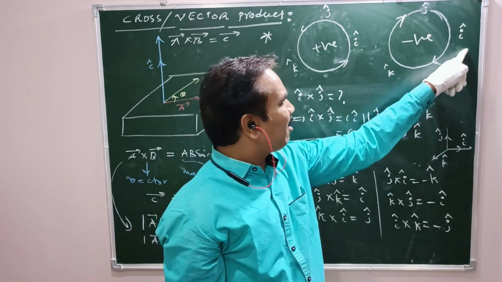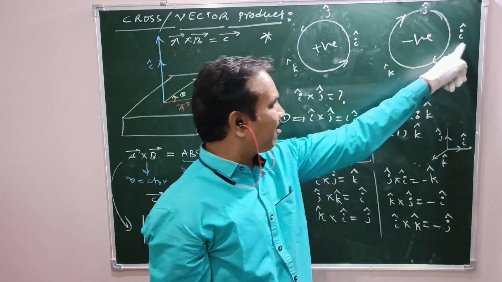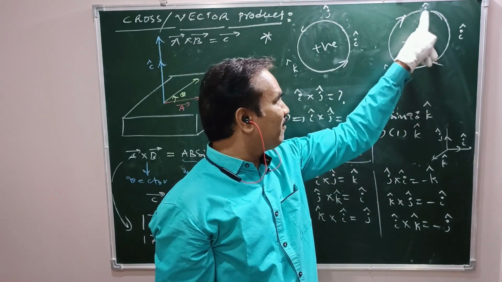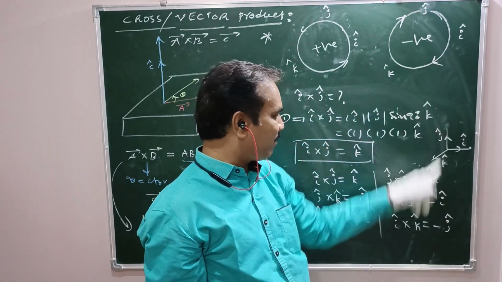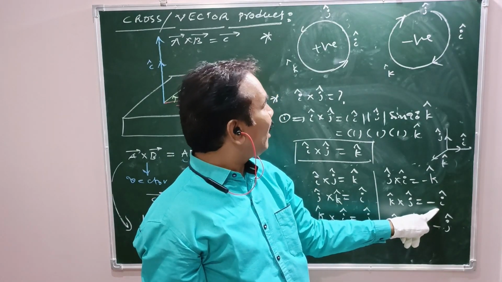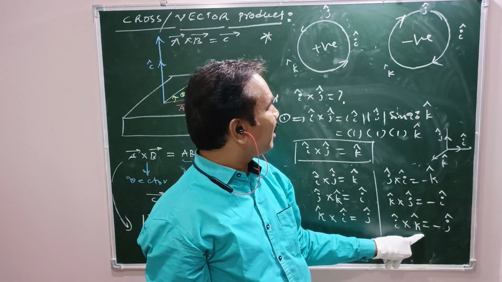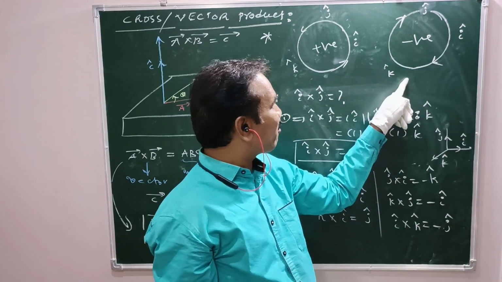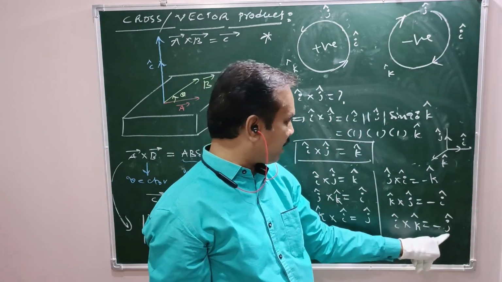Similarly, i cross k means clockwise. Once again, i cross k equals the other unit vector j cap with negative sign, minus j.